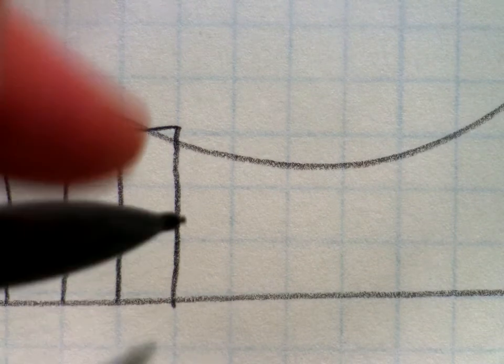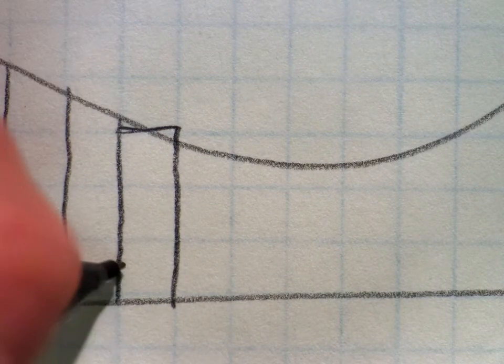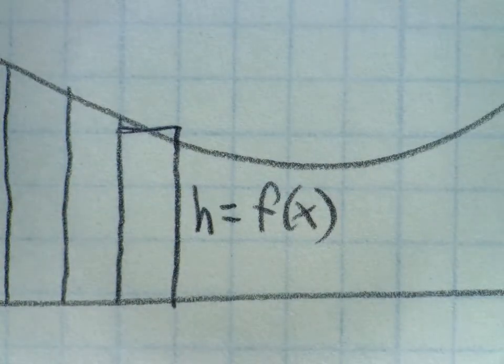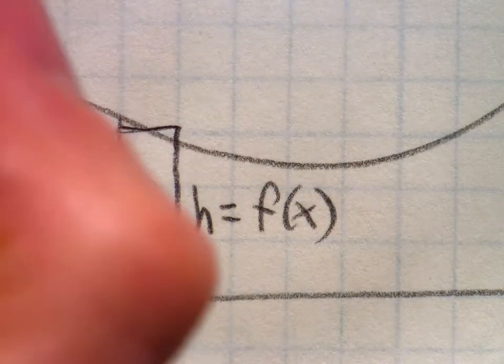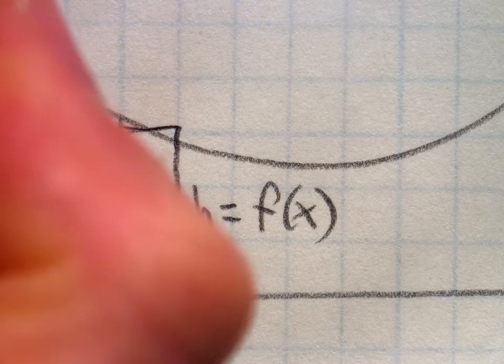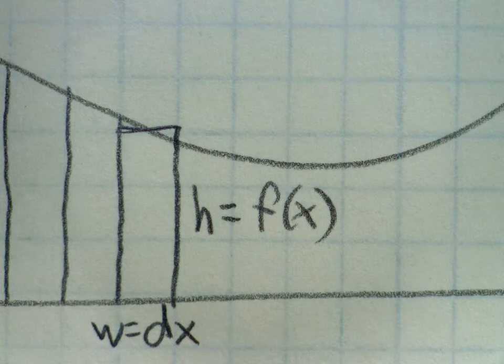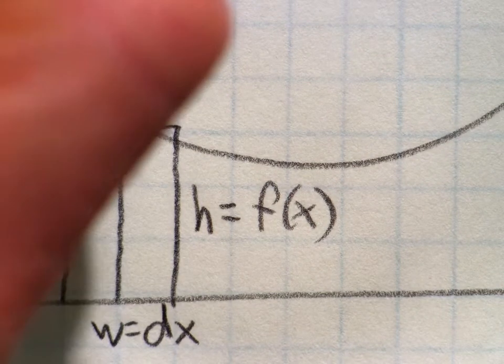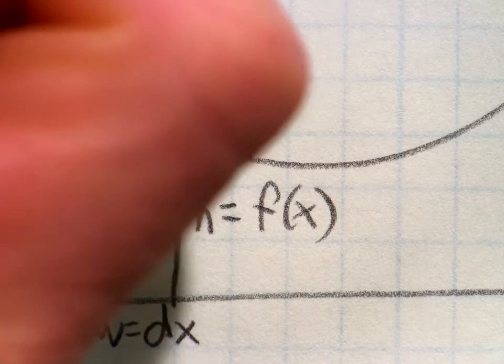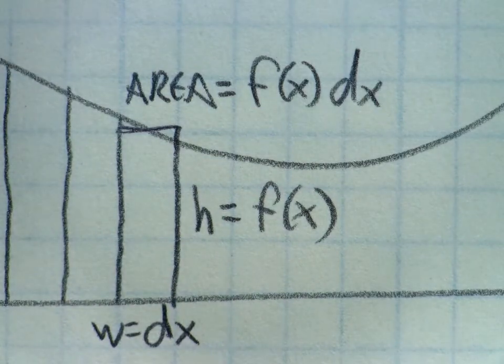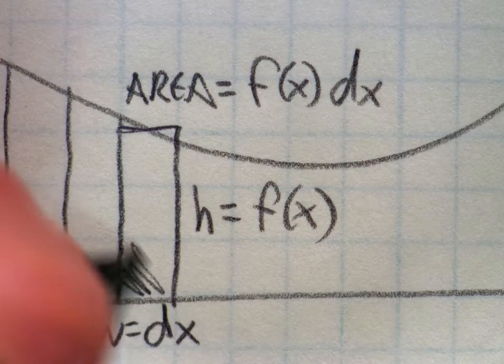And what I'm going to say is that this box has a height of f of x, and it's got a width dx, and so it has an area of f of x times dx.